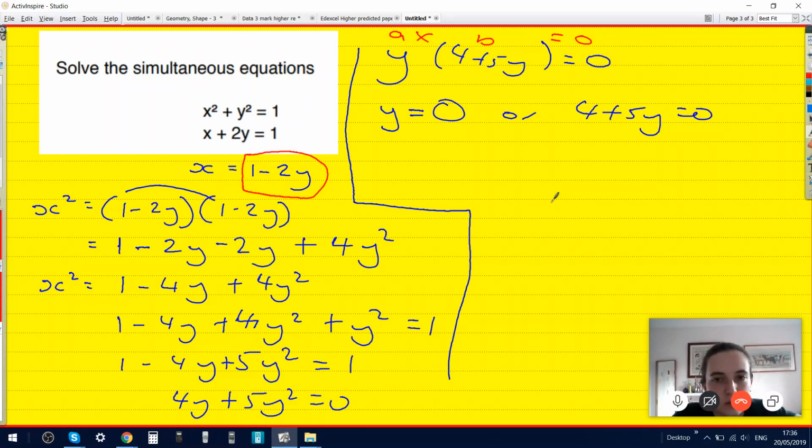If y is 0, then the other one can't be 0. You would just solve this normally? 5y equals minus 4. So then y equals minus 4 over 5.